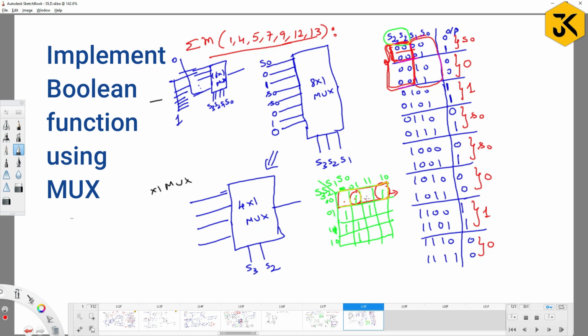Okay, I think here I should not write, right? Let me redraw the structure. It will be S3, S2, S1, S0.